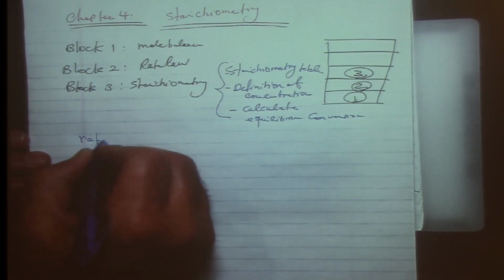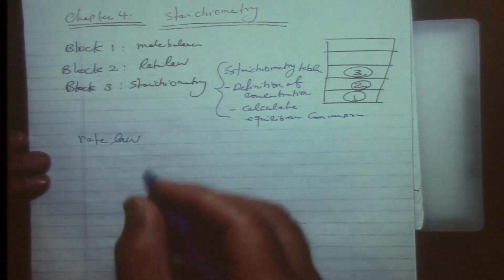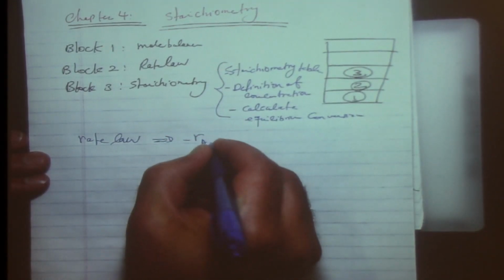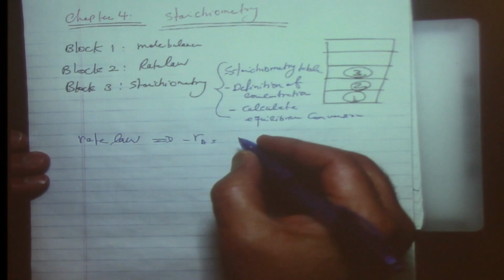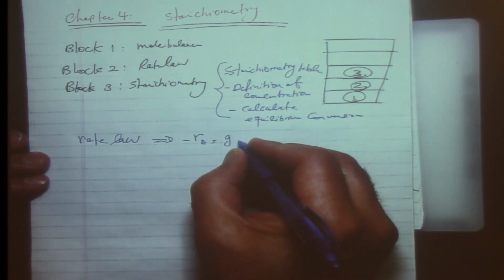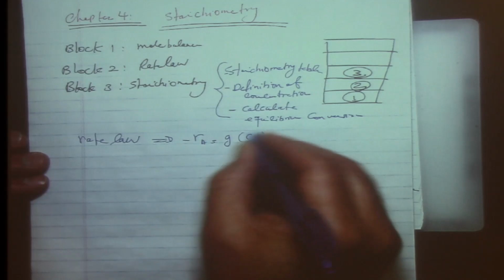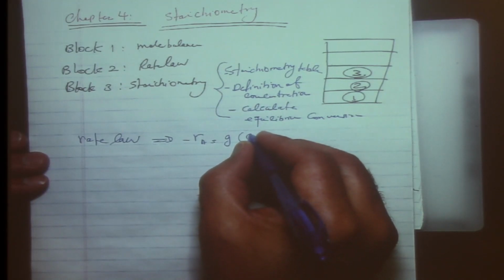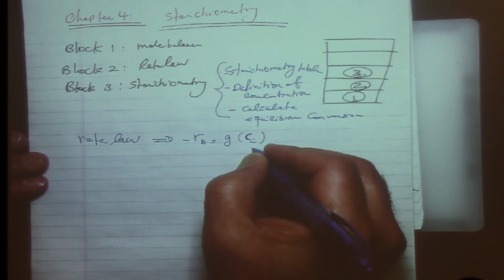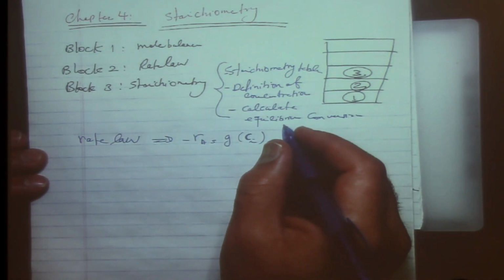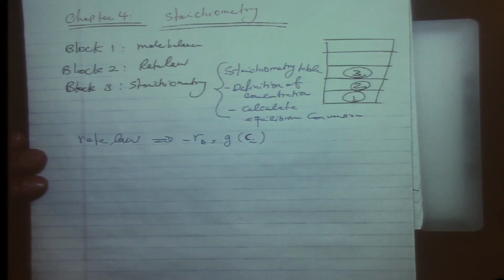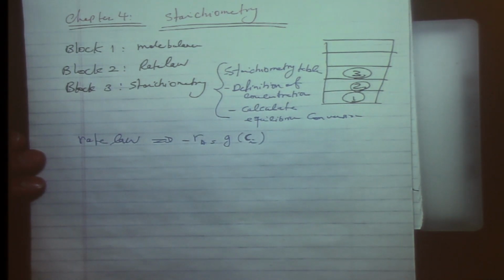When we talked about the rate law in chapter 3, we came up with a relationship between rate and the concentration, a function of Ci, where Ci means the concentration of the reactants in the reactions, right? Most of the time, especially for homogeneous reactions, we use the power law, so A to the alpha, B to the beta, and so on and so forth.